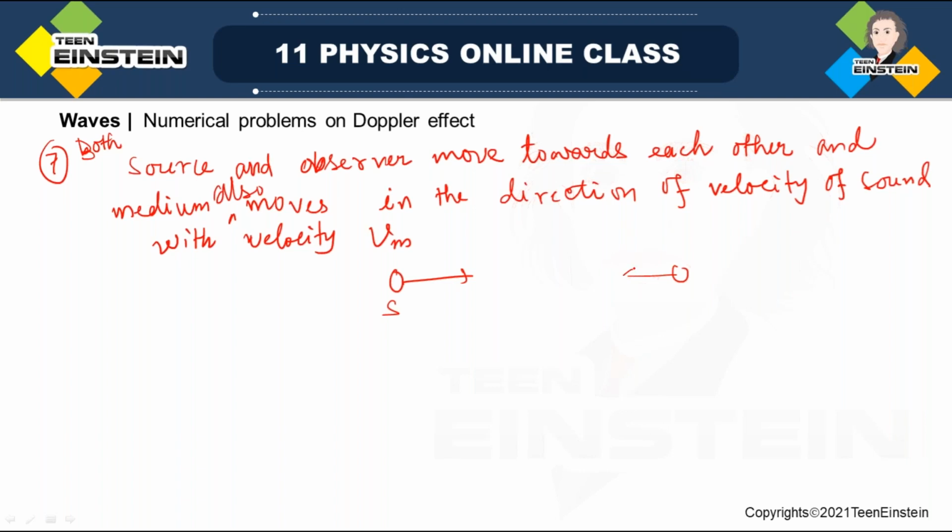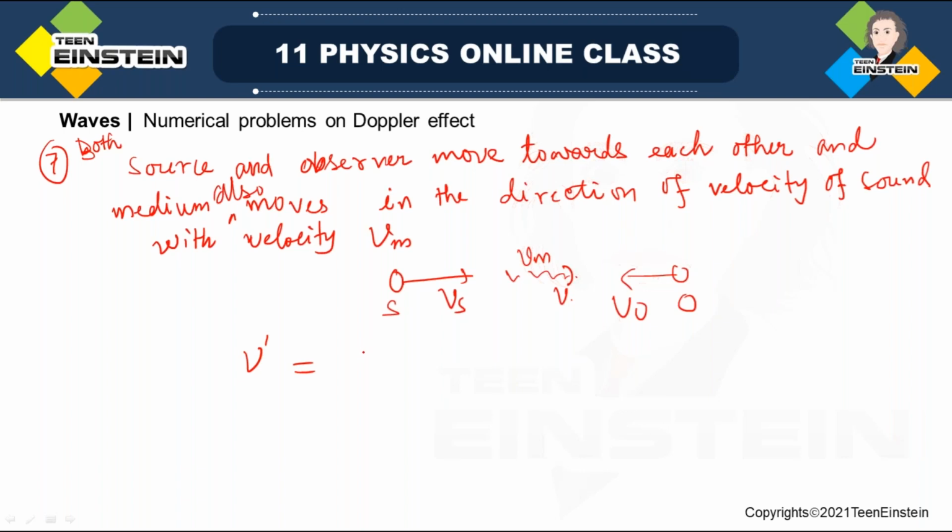The source is moving towards this, the observer is moving this way. This has velocity VO, this has velocity Vs. And now the medium also started moving with velocity Vm in the direction of the velocity of sound. So in that case, what is the frequency heard by the observer?